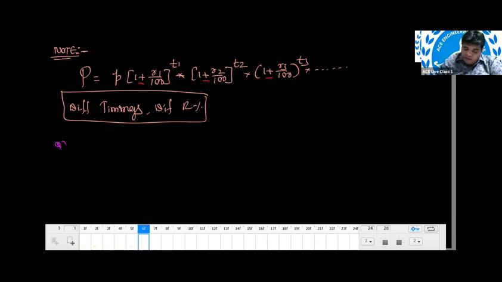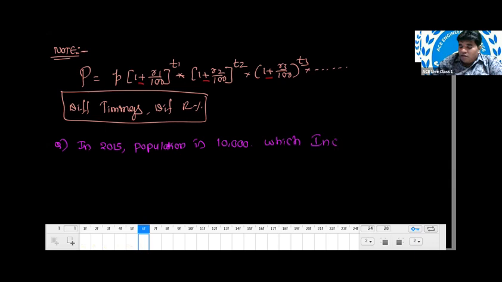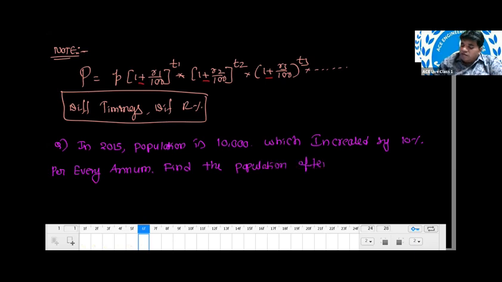Now tell me the present population. In 2015, the population is 10,000, which increased by 10 percentage per annum. Find the population after 3 years.